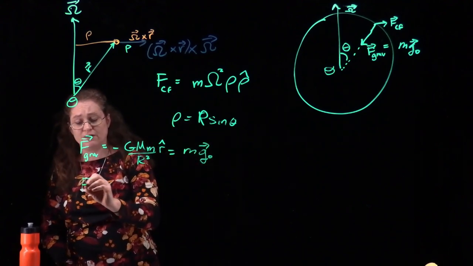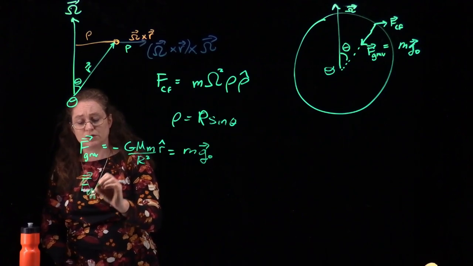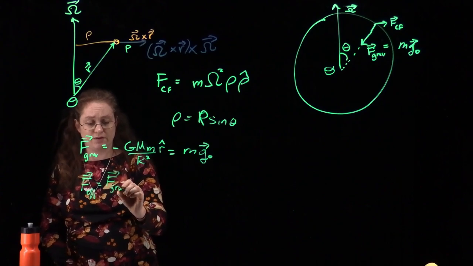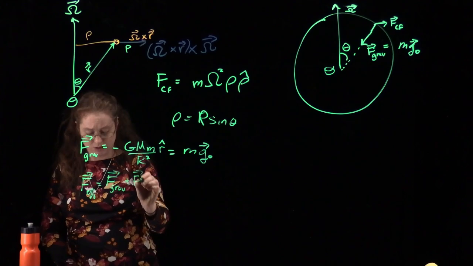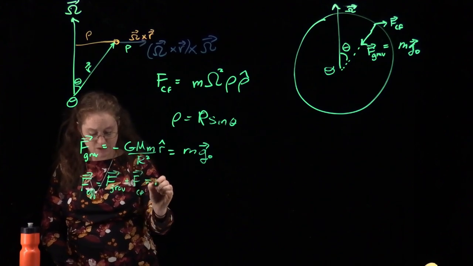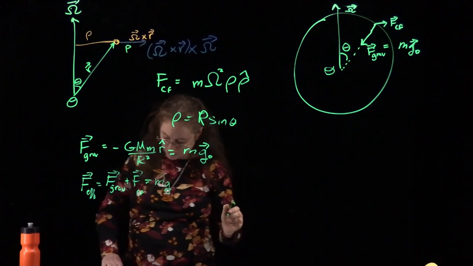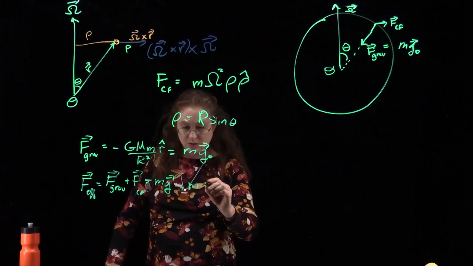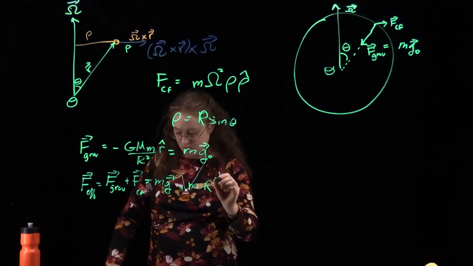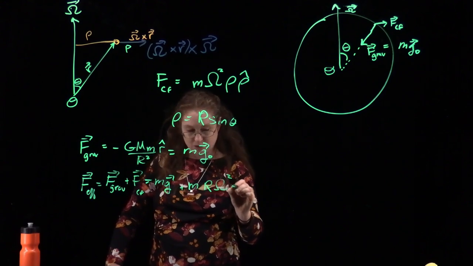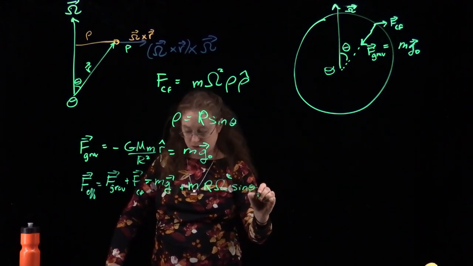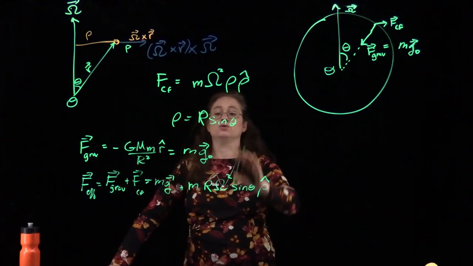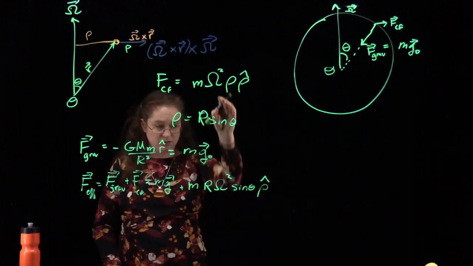But of course, the effective force is the force due to gravity plus this Coriolis term. So mg plus m r omega squared sine theta rho hat, where here I have used rho equals r sine theta.